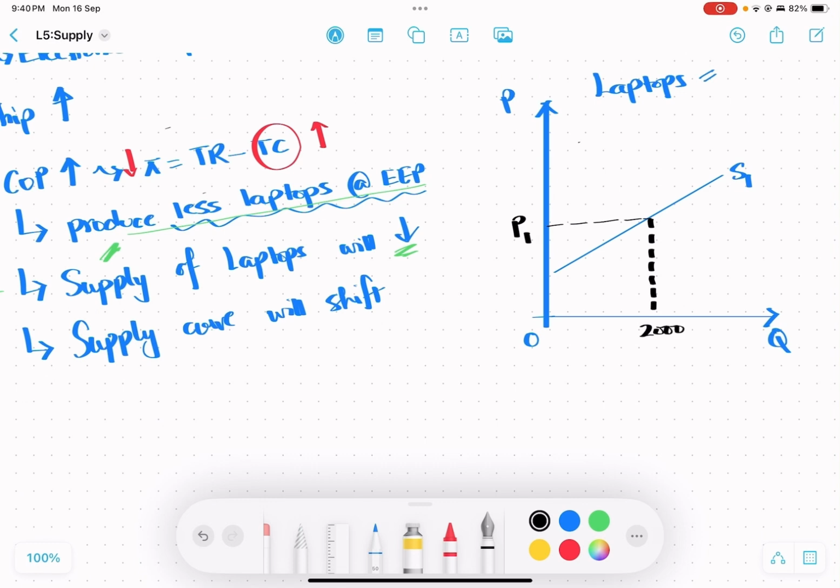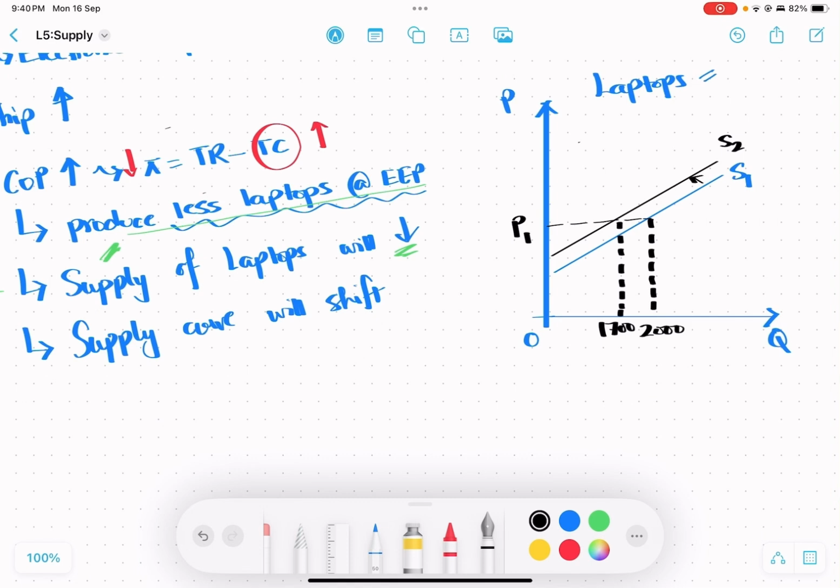Now, when the cost of production rises and the firm decides it's going to produce less, let's say at the same price they are now willing to produce 1,700 units. So what happens? Your supply curve shifts inwards. The supply curve goes from S1 to S2.